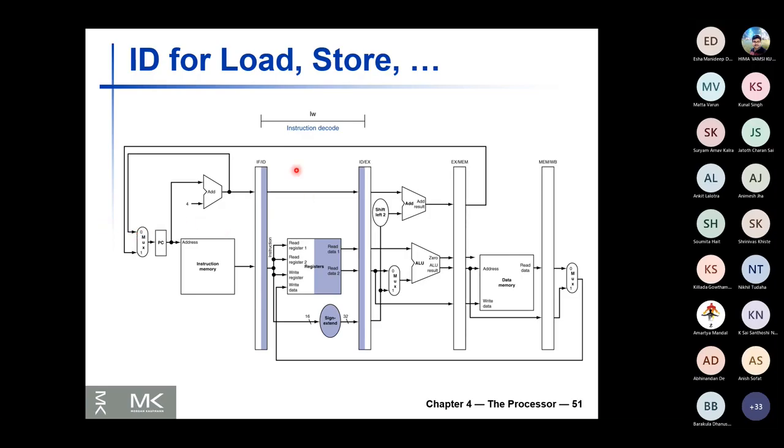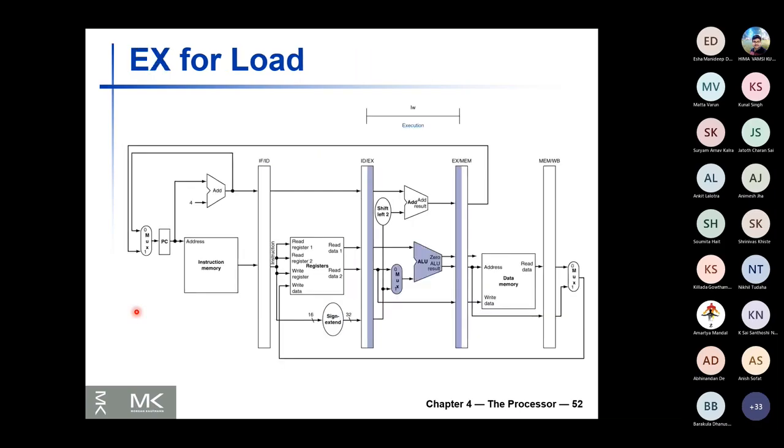Currently you have to read the registers, I mean, the register file. That's why the second half is shaded, and here also the second half is shaded. You are reading from the registers, and then you copy this information into the pipeline register in the first half. That is the meaning of this shading.